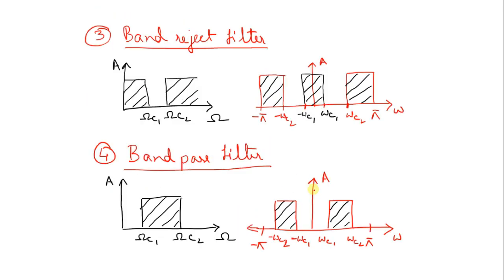Then coming to the band pass filter, basically it is a combination of a low pass filter and a high pass filter. So if you look over here, 0 to omega c1 it will be the stop band, then omega c1 to omega c2 we will be having the pass band, and then we will be having again the stop band. Now this will be mirrored into the negative frequency components.